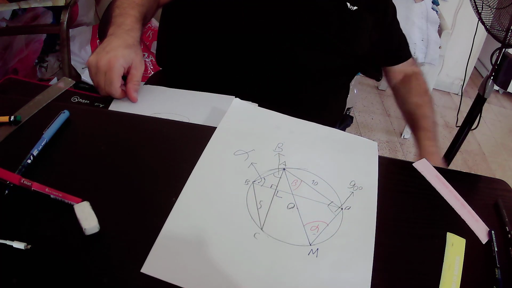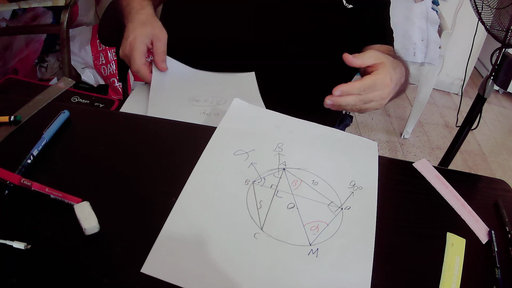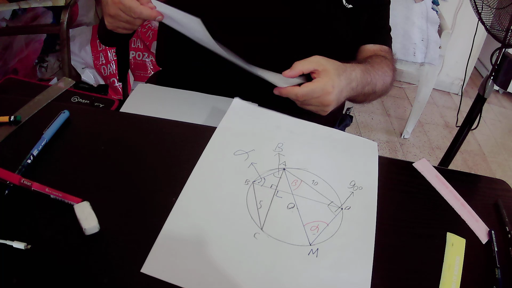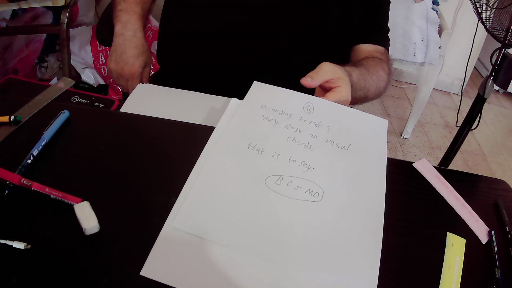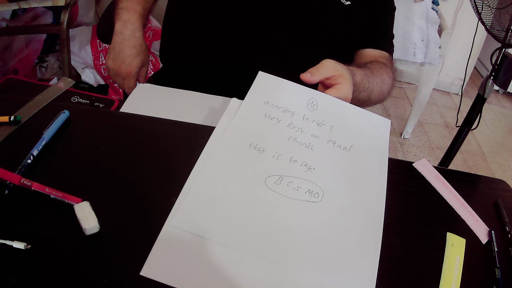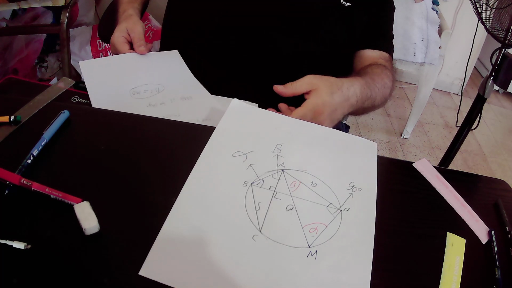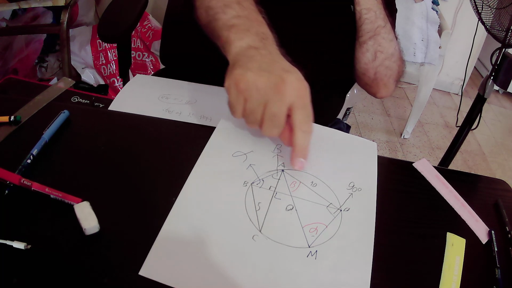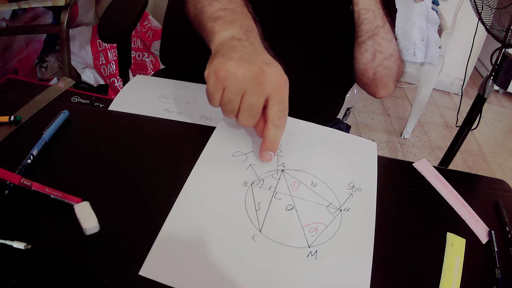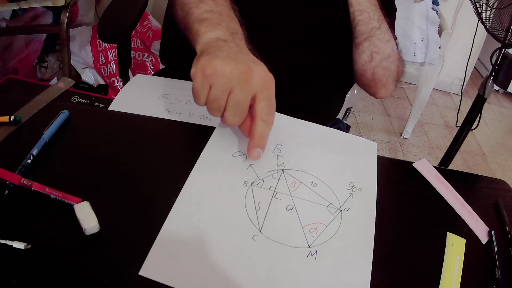According to rule number 3, they rest on equal chords. That is to say, BC equals MD.